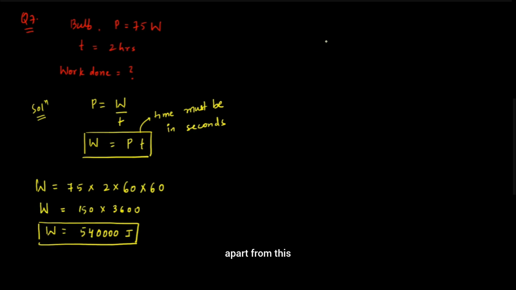Apart from this, try question number 9 as well from the same worksheet. Okay, let us quickly check this. Work done, as I said, is going to be power times time. But here we have to find the mass of the crane. So work done is going to be mgh here.